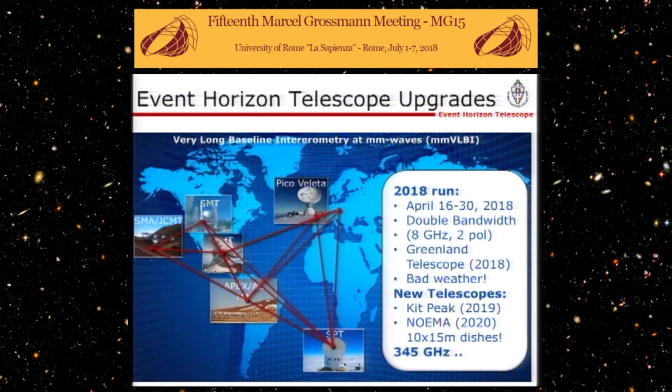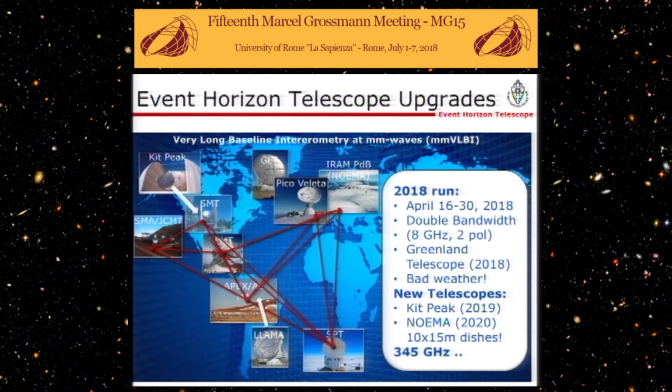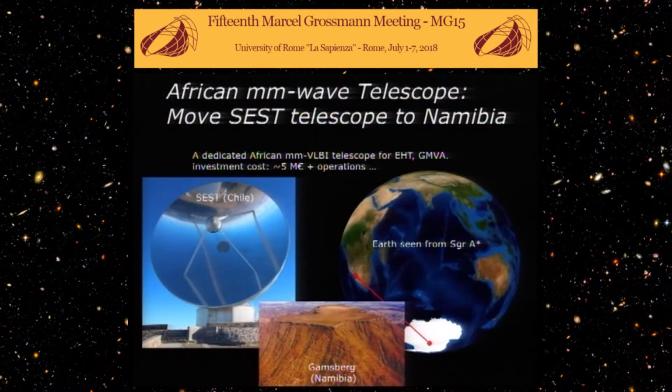Now there are some, I'll go quickly now, some future developments. More telescopes will join on shorter baselines here, Kitt Peak. The Greenland telescope has joined in 2018. Unfortunately, we had pretty bad weather in 2018, so data will not be quite as good as 2017. Noema in France will rejoin the array. We're funding some upgrade here to do a phasing, so that will improve this.